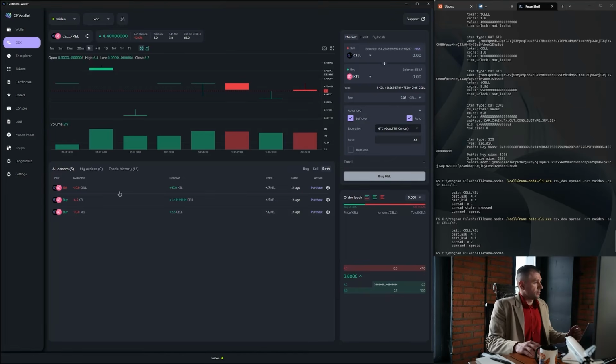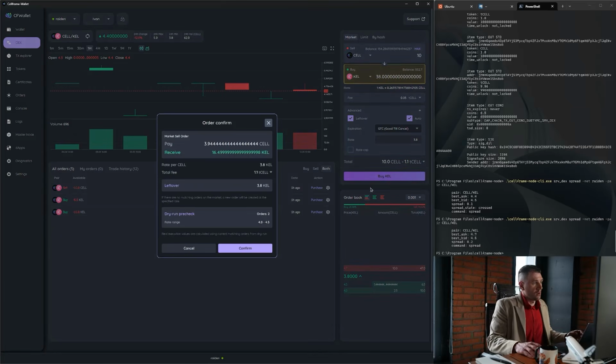So, for example, Ivan uses more budget than available on market. So, 10 cells. And we can see that two orders match according to the matching engine. And there is also a leftover of 3.8 kil, which will be locked in the new conditional output and treated as a new fresh order.